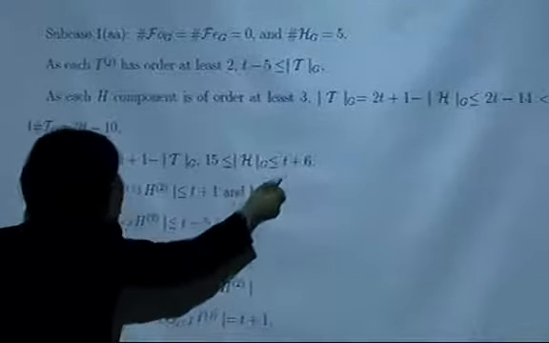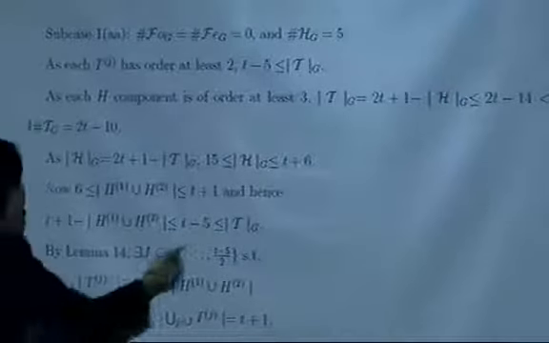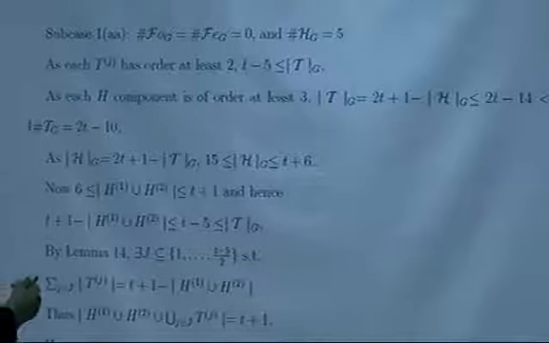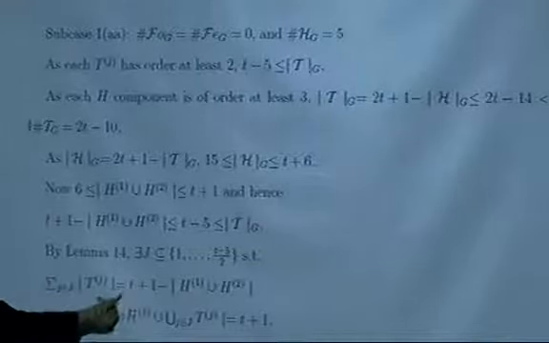And now t plus 1 minus this one is, by this equation, t minus 5. That's actually almost the order of 3 components. Then by the pigeonhole theorem, that one is going to be the order of some partial sum.